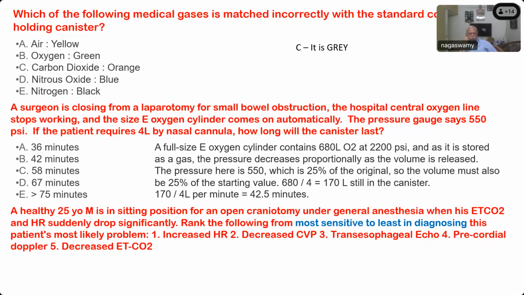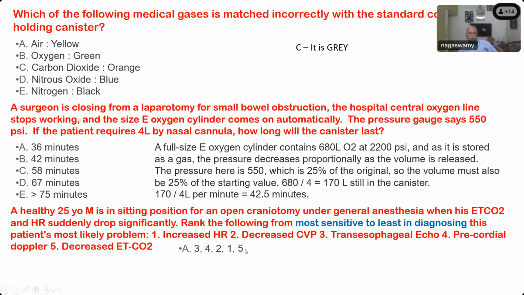Of course, the diagnosis is air embolism. Which one will you rely on first? 3, 4, 5, 1, 2, sir. Very good. So 3 is transesophageal echo, 4 is precordial Doppler, and 2 is decreased CVP, 1 is heart rate, and last will be EtCO2.